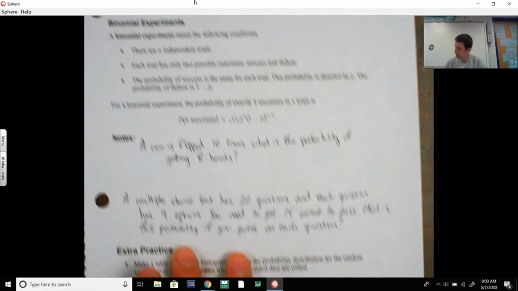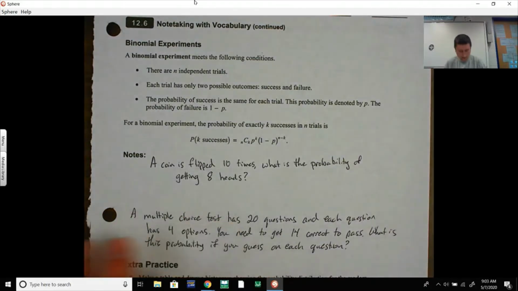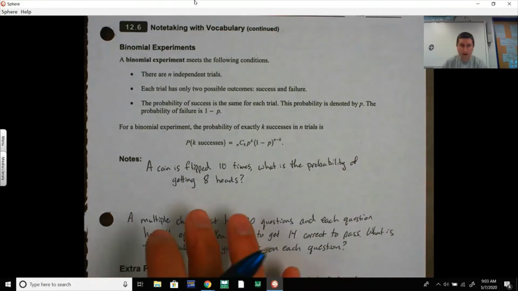And this is covered right here. Binomial experiment, page 383. We'll go back and finish page 382 in a little bit.